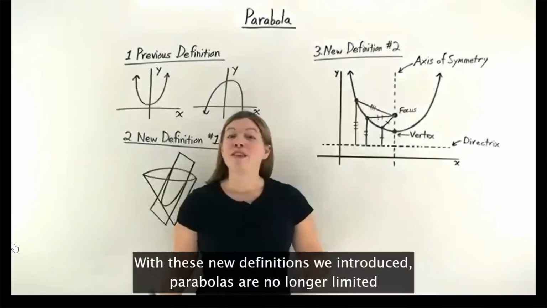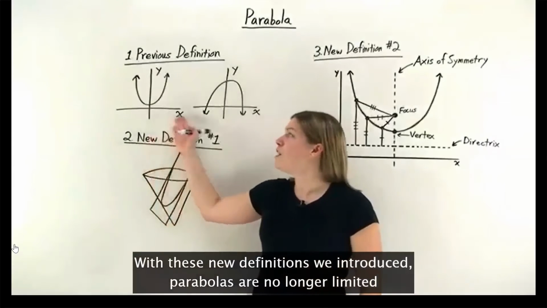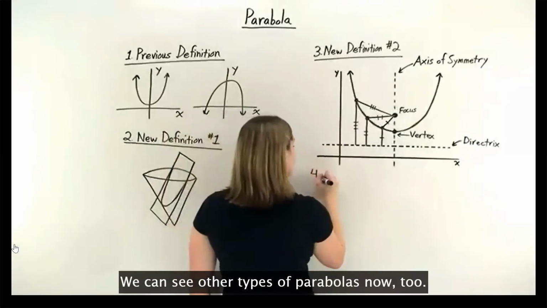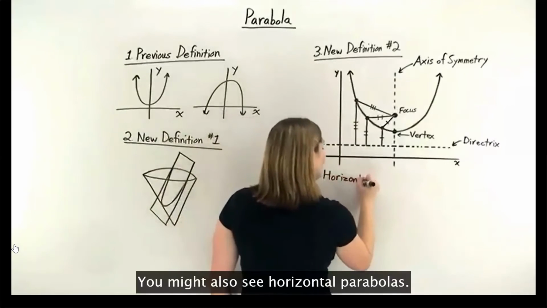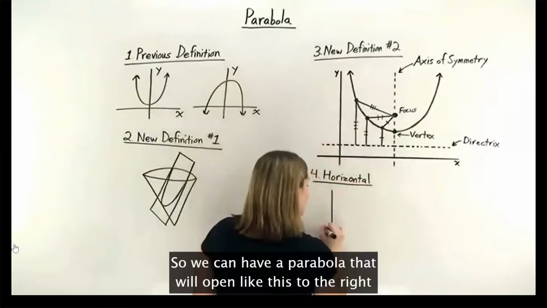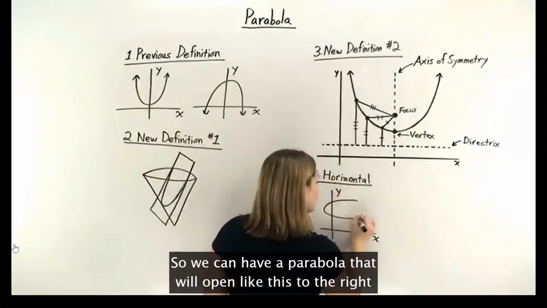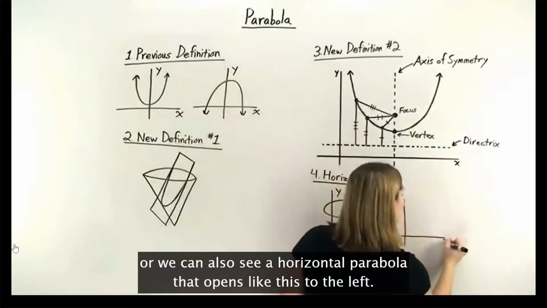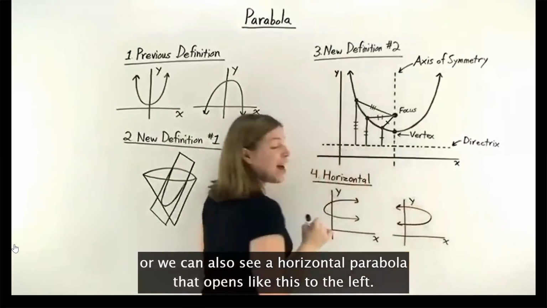Neat. With these new definitions we introduced, parabolas are no longer limited to just being vertical, opening upward or downward. We can see other types of parabolas now too. You might also see horizontal parabolas. Those open left or right. So we can have a parabola that opens like this to the right, or we can also see a horizontal parabola that opens like this to the left.